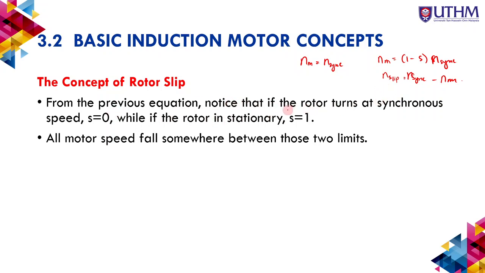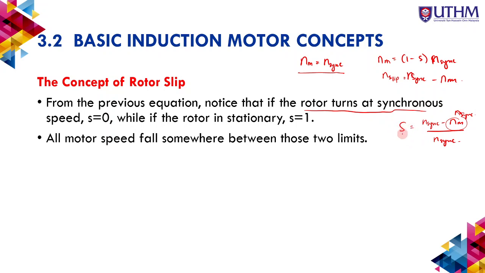So notice that if the rotor turns at the synchronous speed, the slip will be 0. This one will be replaced with n sync, so the slip, which is n sync minus nm divided by n sync, will be 0.